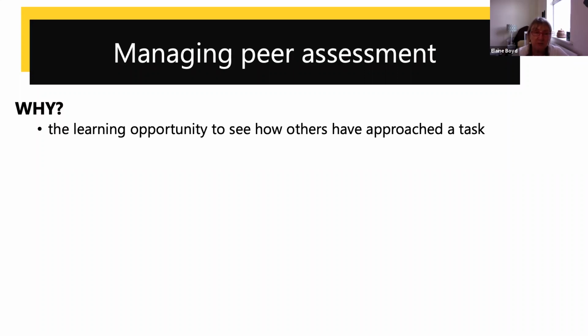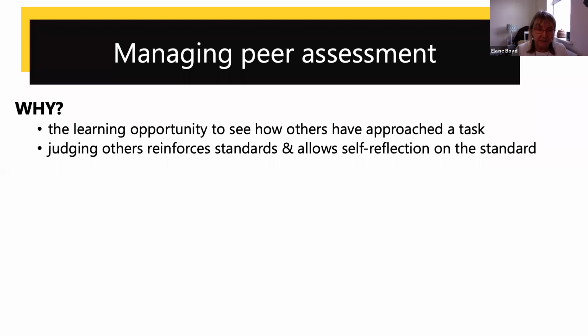Well, it's important because it's a learning opportunity for the person doing the judging, who can see how others have approached a task. And as part of this, I would suggest that you switch your peers all the time, so they're not constantly working with the same person. That's probably easier online because they probably sit next to different people. But you want to make sure you do a lot of mixing and matching, because this is one of the positive outcomes of peer assessment. And also, having to judge other people reinforces your own standards.